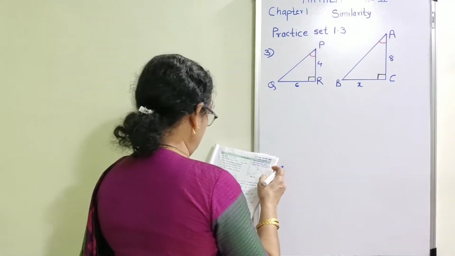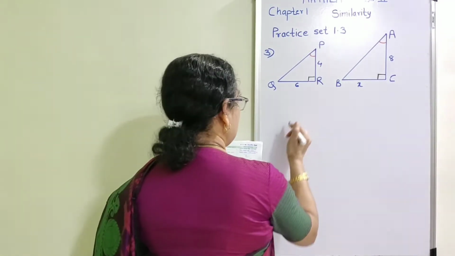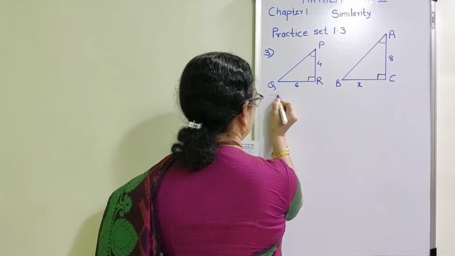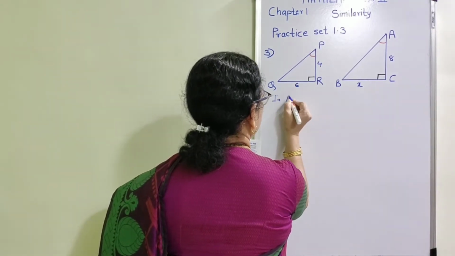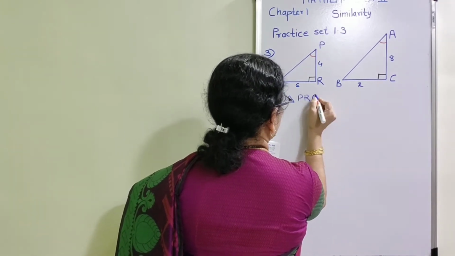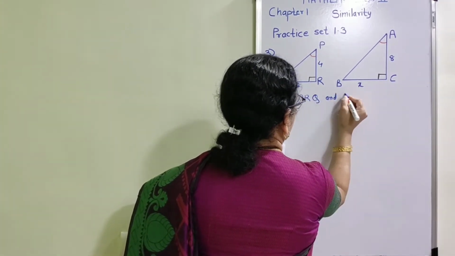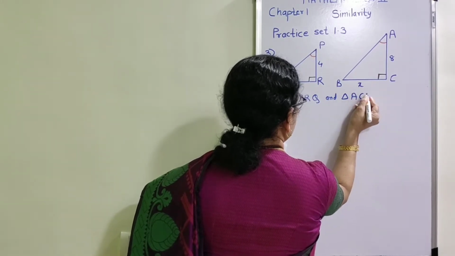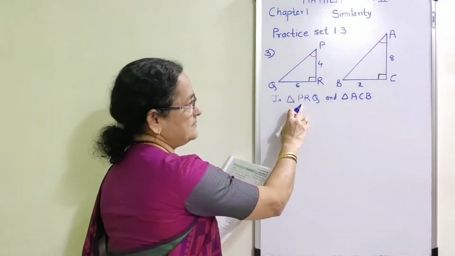First of all, write the names of the given triangles: in triangle PRQ and triangle ACB. Please write the names very carefully.